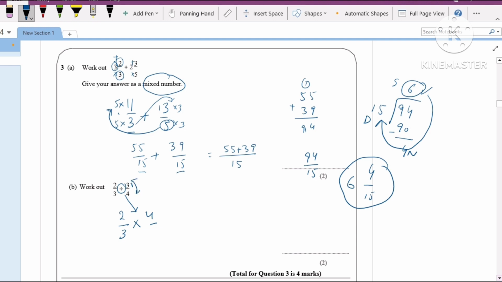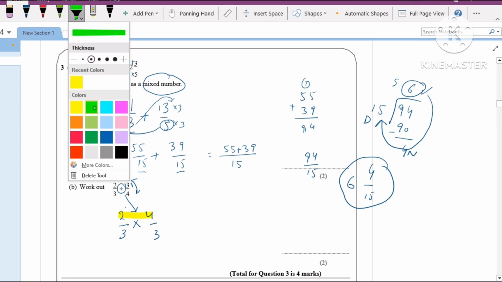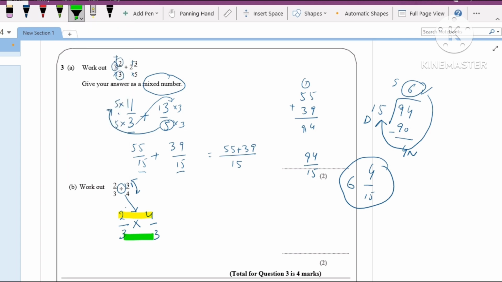So 3 over 4 becomes 4 over 3. Then you will multiply the numerator with numerator and denominator with denominator. So you will have the answer 4 2s are 8 and 3 3s are 9. So 8 is smaller than 9, so you can't write this number as a mixed number. So leave the answer till this point. So this is question number 3.